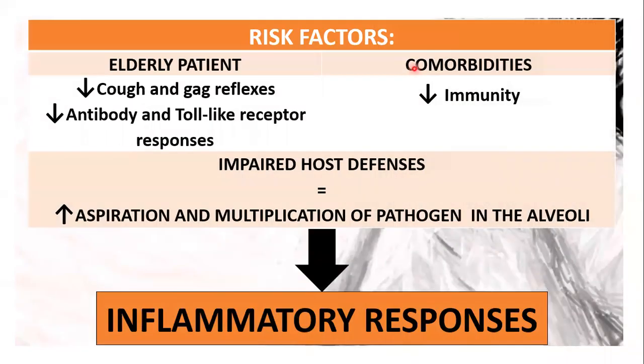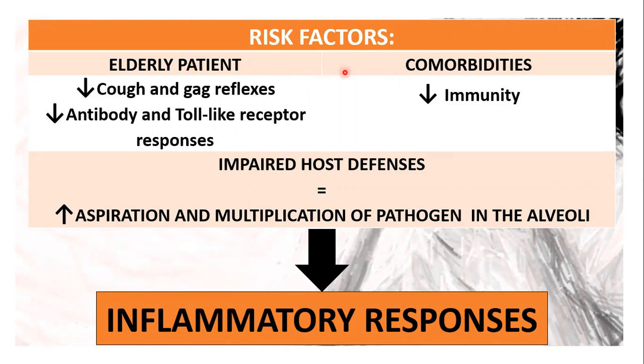In discussing the clinical pathologic correlation, we always start with the risk factors. And these risk factors would be the predisposing factors of the patient for them to get the disease. So important risk factors that we have to consider are the following: the age of the patient, them belonging to the elderly group age predisposes them more to having pneumonia.